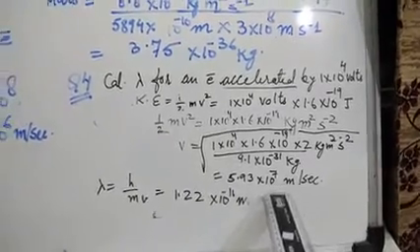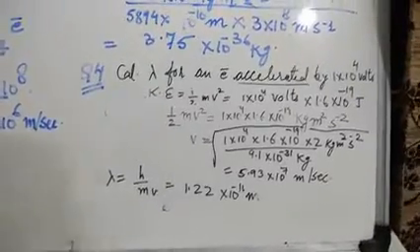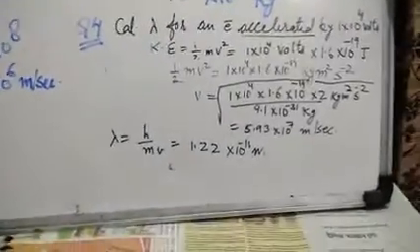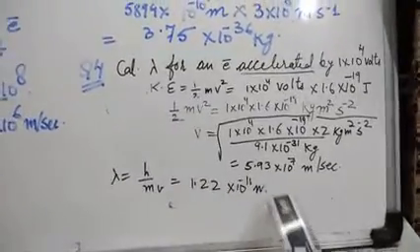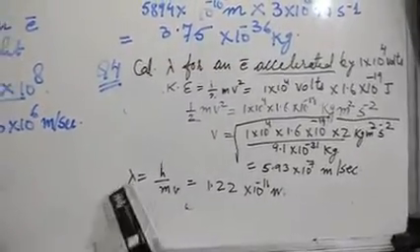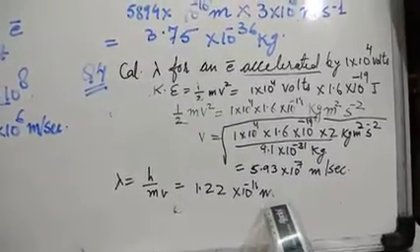And thus, by keeping all the values, you will reach to the final answer, and that is 1.22 into 10 raised to the power minus 11 meters. Wavelength you are calculating, students. So in meters. Clear, students?